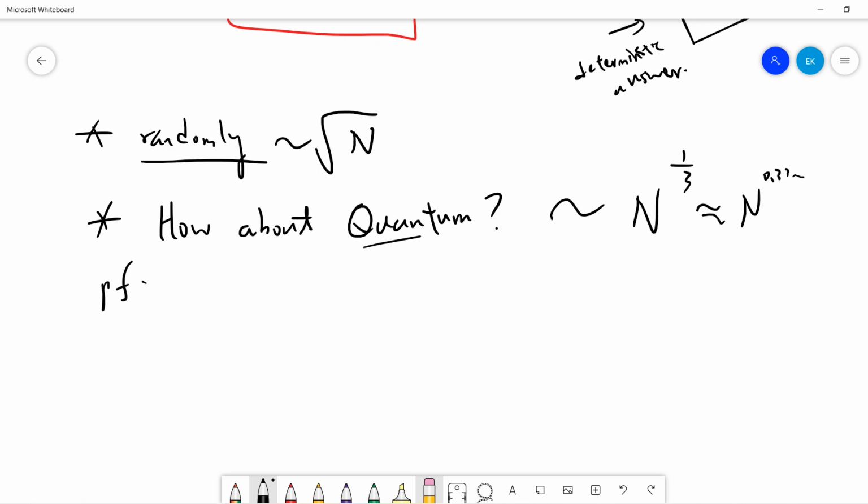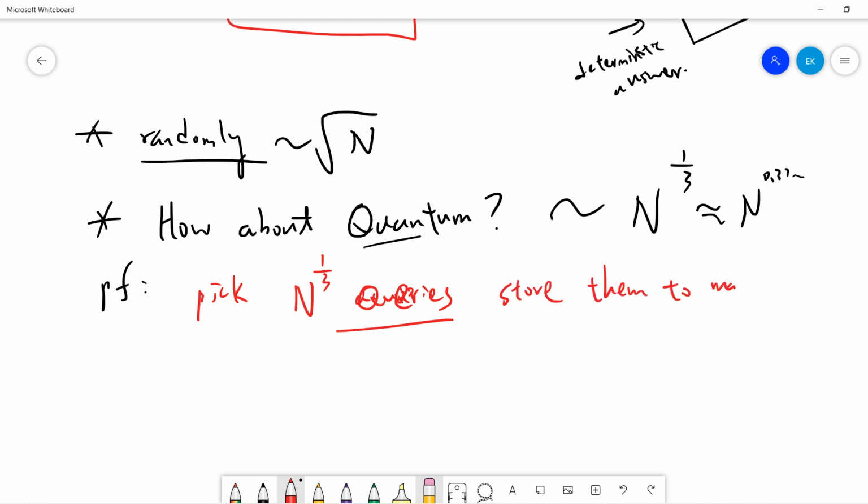Okay, and the proof is very interesting. Naively you may think that using Grover's algorithm can only give a square root of n speedup, just like the randomized case. But the answer is no. The idea is that you pick the first n to the 1/3 as your queries and store them to make a table.